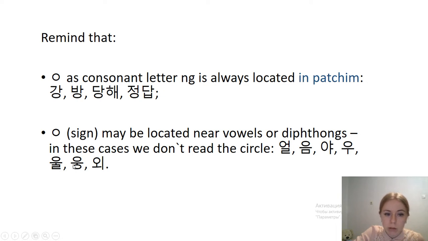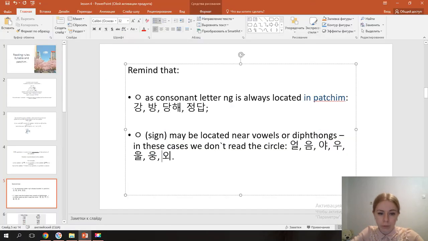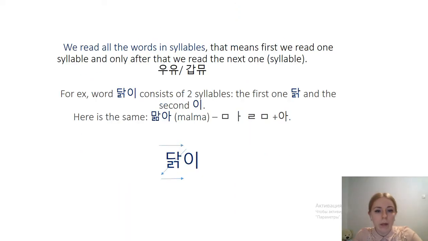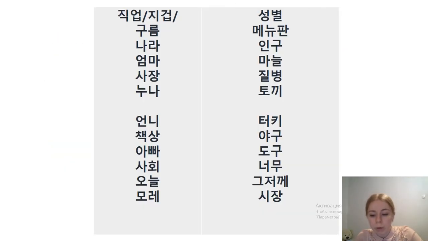So this circle is consonant letter NG because it's located in 받침. But this circle is just a sign, so we don't have to read it. If I write the transcription, it's something like this.